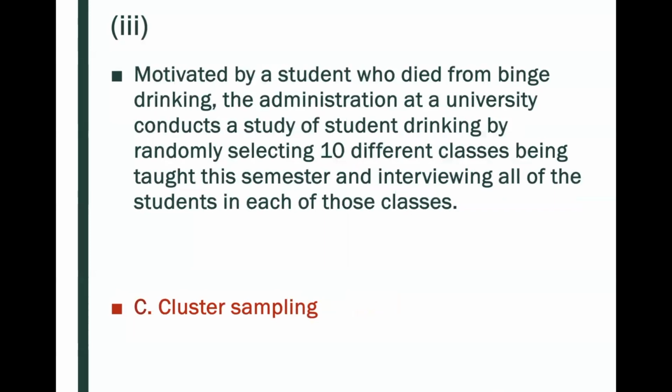Motivated by a student who died from binge drinking, the administration at a university conducts a study of student drinking by randomly selecting 10 different classes being taught this semester and interviewing all the students in each of those classes. This would be an example of cluster sampling, because you're selecting the 10 different classes and then interviewing all of the students in each of those classes.